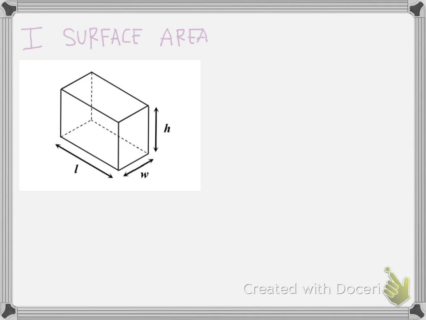Okay, so the surface area is going to be each surface that we're going to have to find. So it's going to be 2 times your length times your width, because you have one of your lengths and widths here, and then up here would be a length and width. Then it's going to be 2 times your length times height.